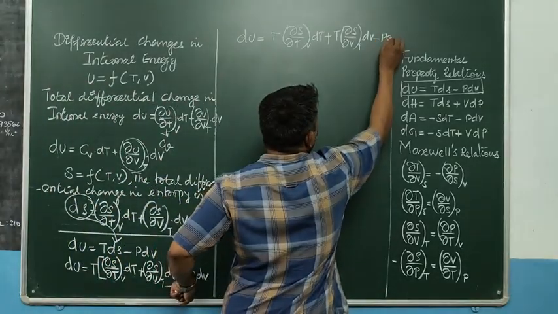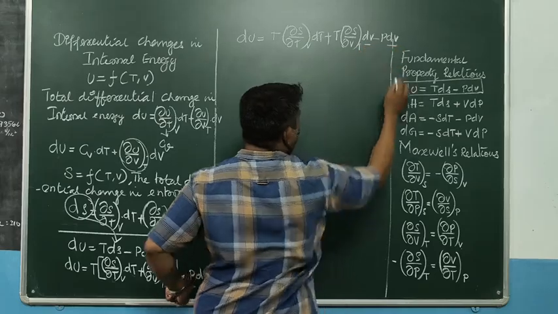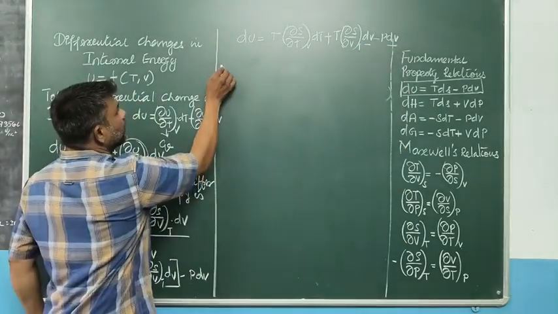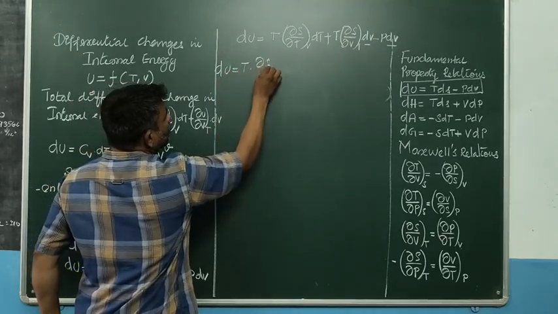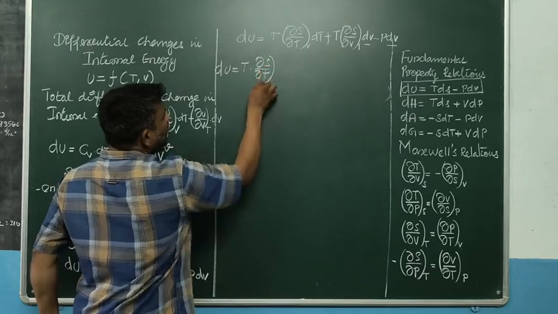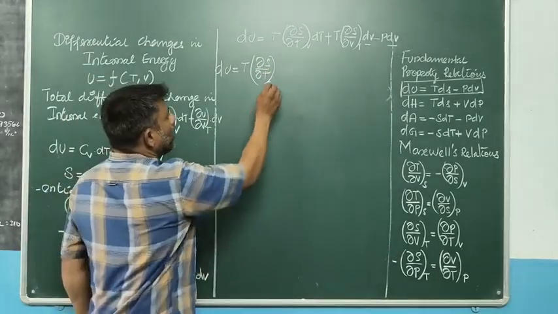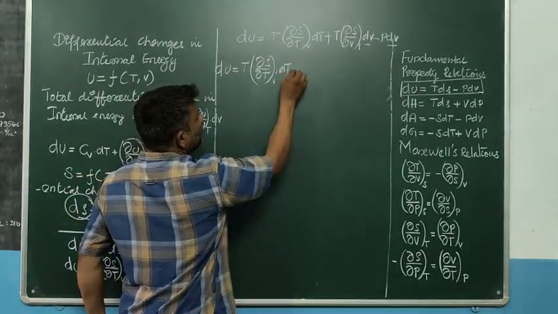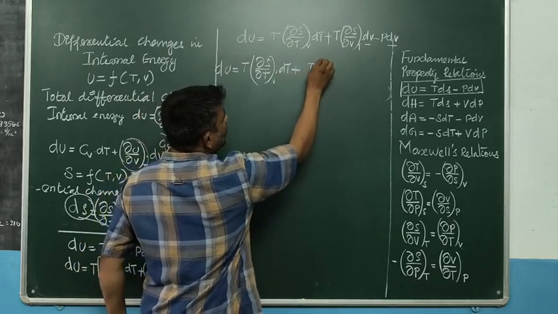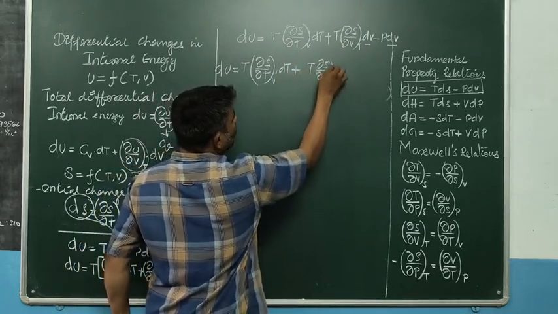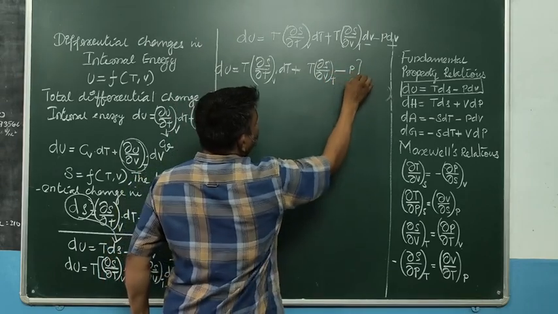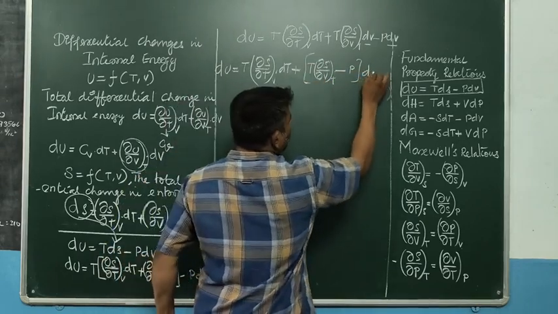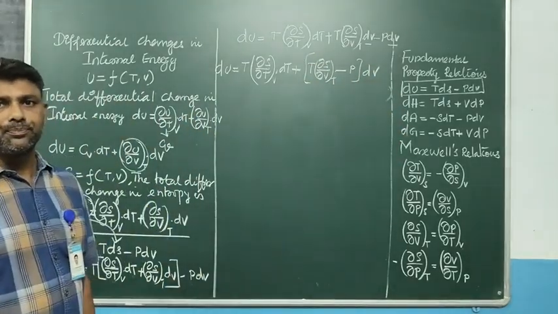The dV terms are common. Hence this equation becomes dU is equal to T times (∂S/∂T) at constant volume into dT plus [T times (∂S/∂V) at constant temperature minus P] into dV. Now the equation is ready.